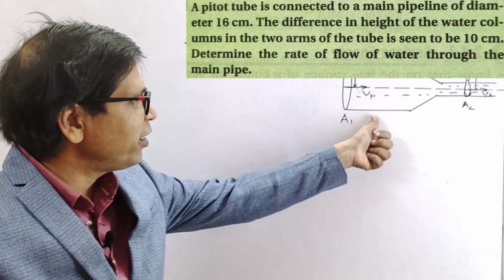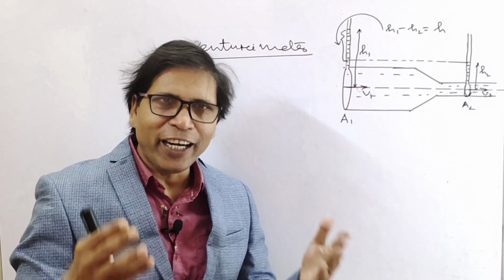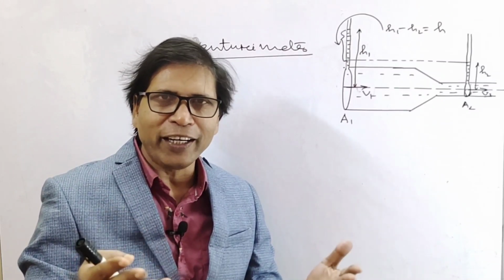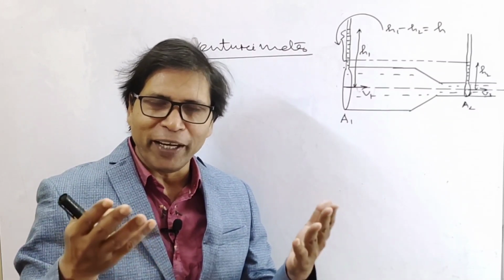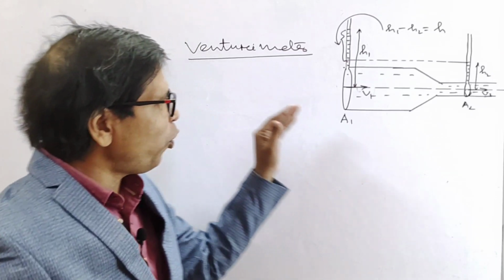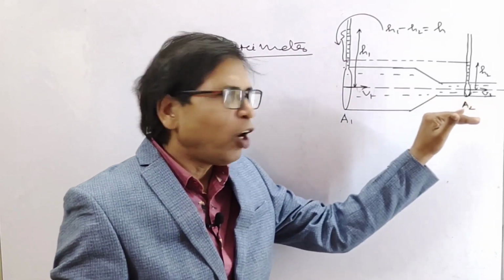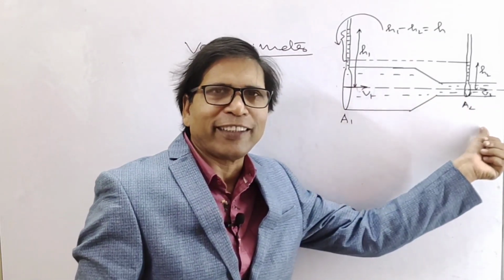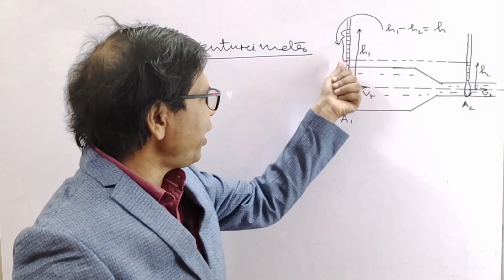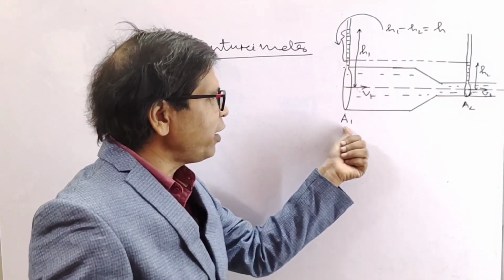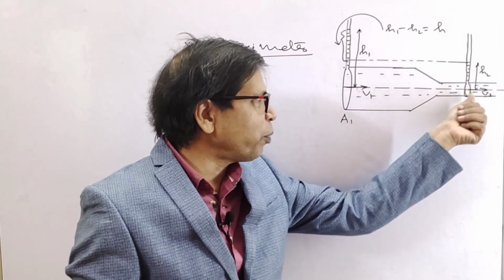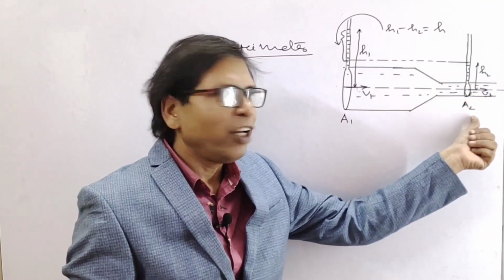Venturimeter is a device by which the rate of flow of water or liquid can be measured. It is a horizontal tube of non-uniform cross section. Look at this, here area of cross section A1 is greater than area of cross section A2.